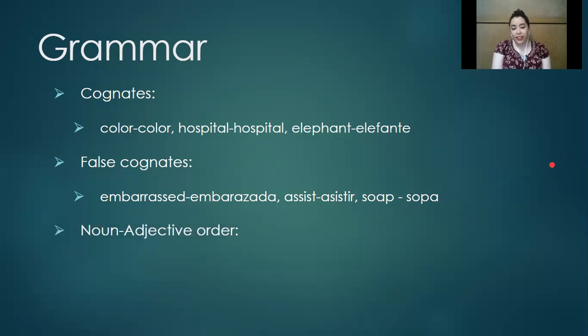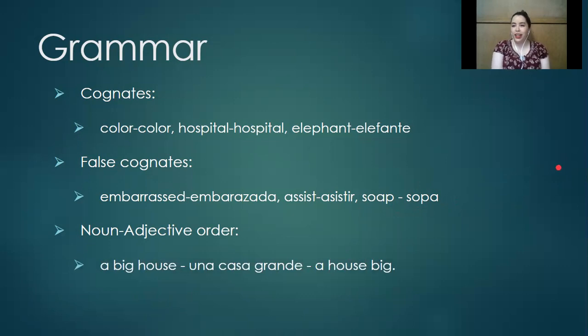And then we have noun, adjective word order. So we would say in English, a big house. In Spanish, they put the adjective after the noun. So they would say una casa grande, or quite literally, a house big.